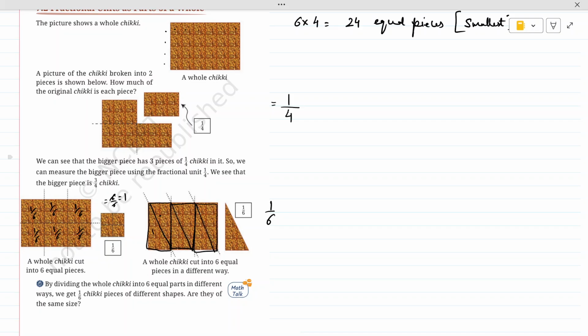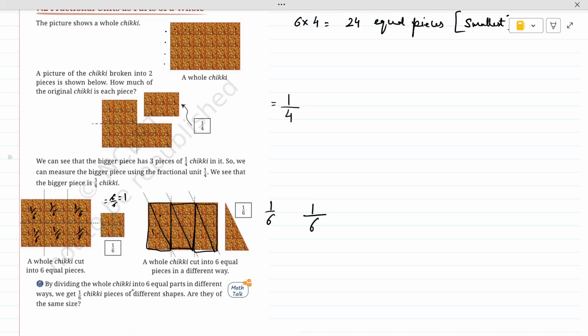So we have 6 equal parts. Each of these parts is one part of this whole chicky. So we have 1 by 6 also here. In total we have 6 pieces and one will be 1 by 6.